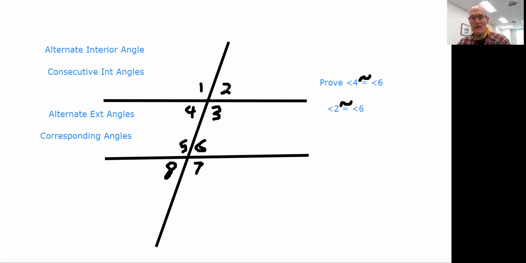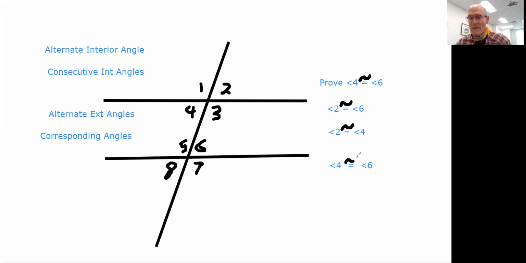Now, we also know that angle 2 and 4 here are congruent. So we can say that angle 2 is congruent to angle 4. And remember, the reason there is because they are vertical angles. So if 2 and 4 are congruent and 2 and 6 are congruent, then I can come down here with my next statement and say that angle 4 is congruent to angle 6, and the reason there is because of substitution.